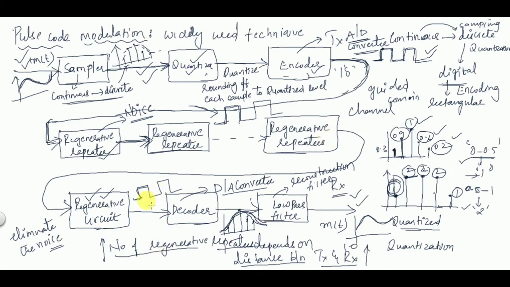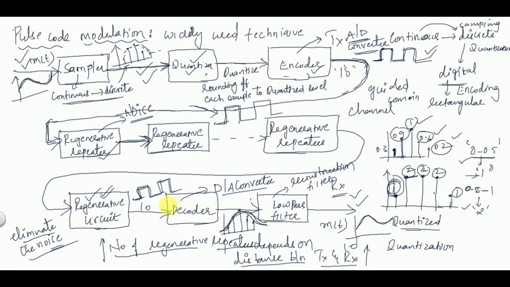Then it is passed through the receiver circuit, where the first stage is the regenerative circuit, which is used to eliminate the noise, because the signal has traveled long distances and noise will be added in the communication channel, right? So the output of the regenerative circuit is a pure rectangular pulse again, consisting of ones and zeros.